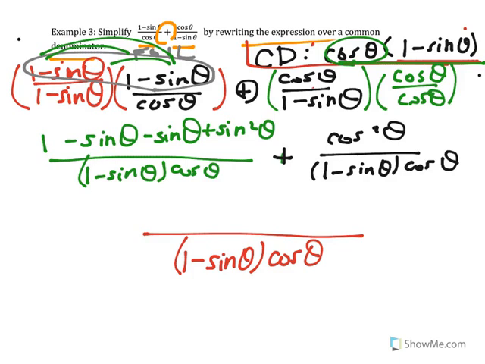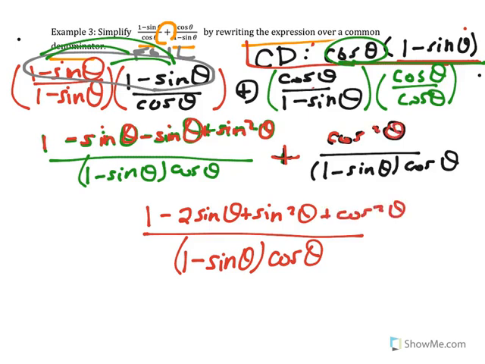On the left side, I have 1 minus sine of theta minus sine of theta again plus sine squared. So the only thing I can do here is make 1 minus 2 sine of theta plus sine squared. And then I'm adding a cosine squared. Once I have my common denominator, I can put the numerator on top of it.